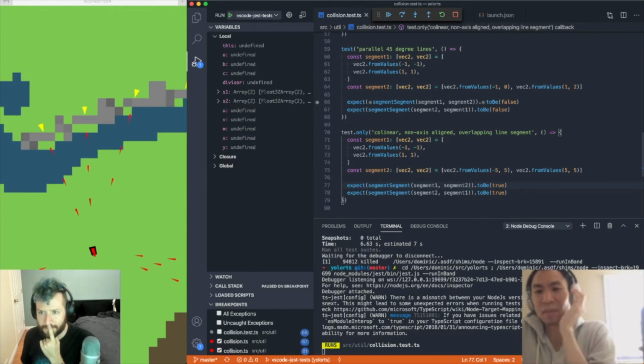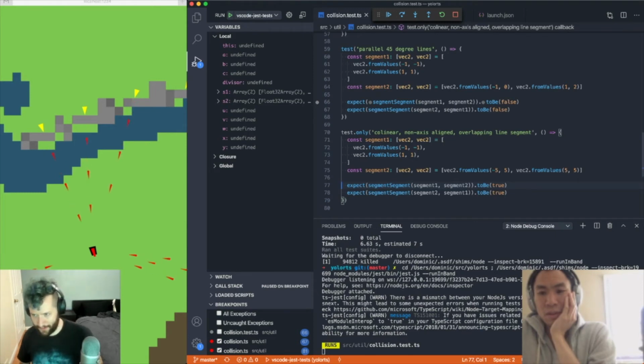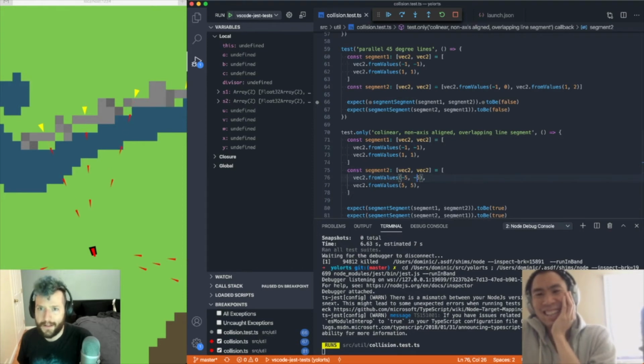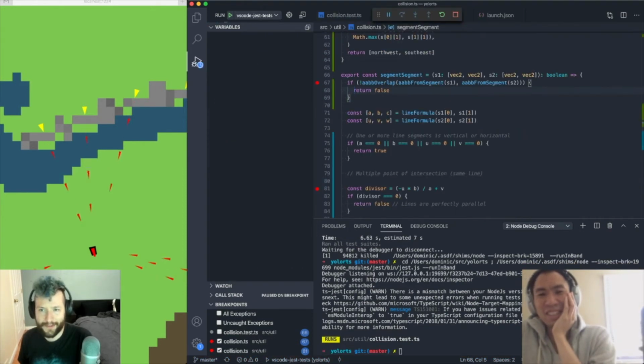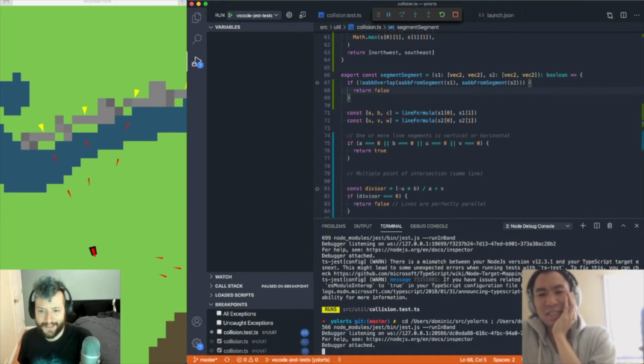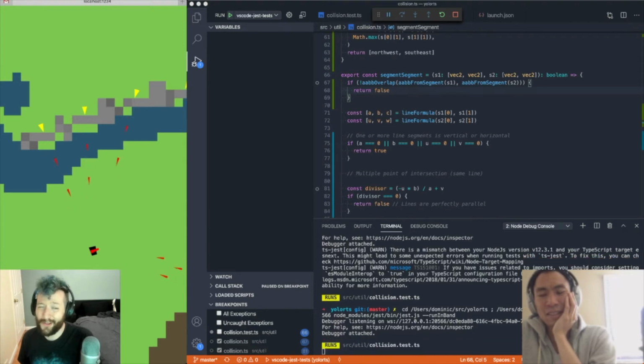Mm-hmm. I found a problem. I think our... Oh, I found the problem. That's not the right line segment. I love it. I do as well. Yeah, I guess that's the question. Is this normalized? Could we normalize? Yeah.